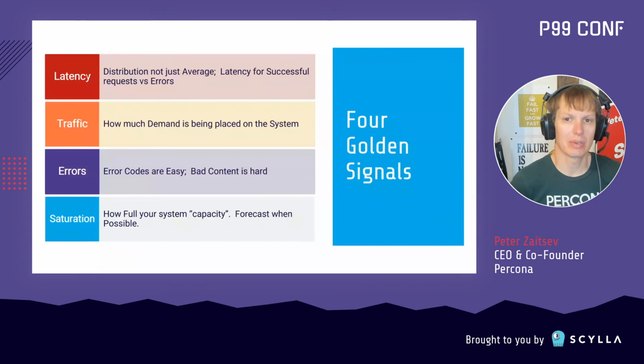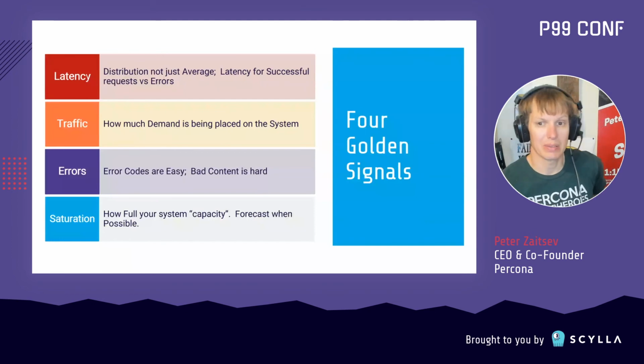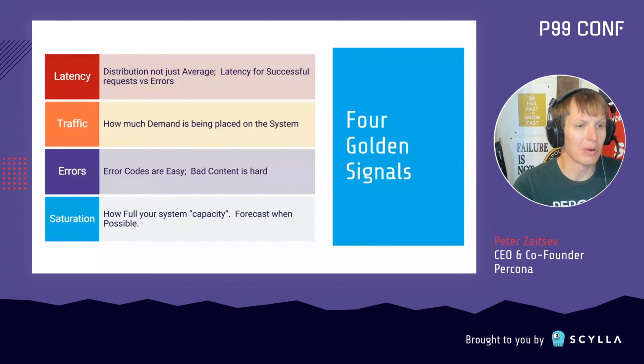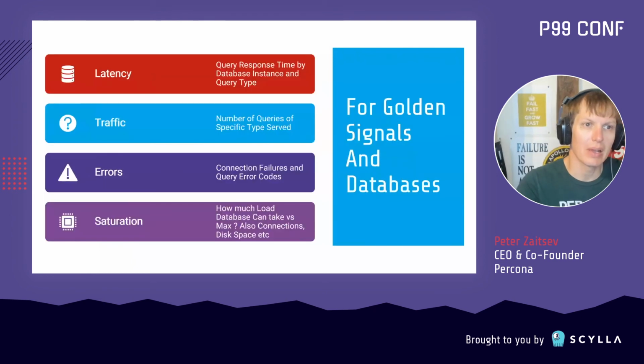If you look at those signals, typically you will be able to get a good pointer of where your problems happen. Now, if you look at the golden signals for the databases, how do we apply that?